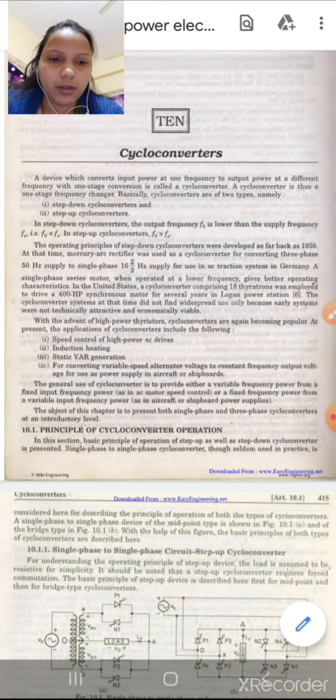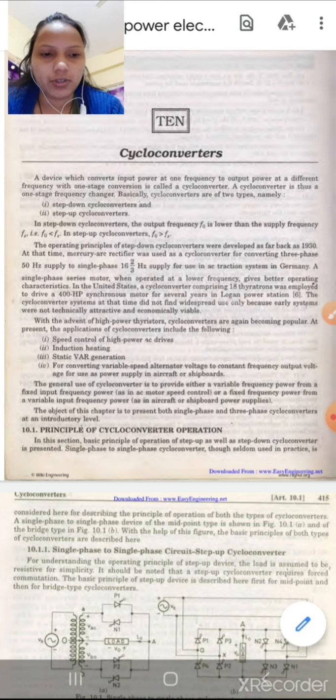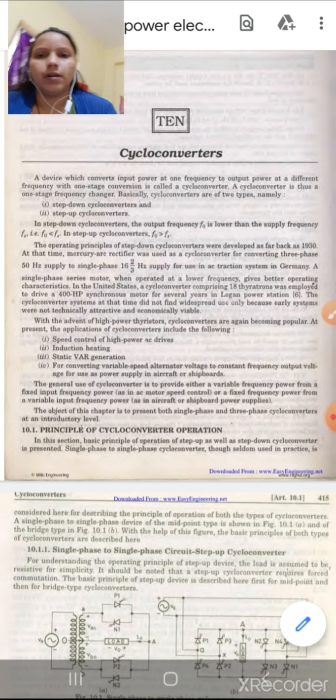So cycloconverter is a circuit which converts input power at one frequency to output power at a different frequency with one stage conversion. This is your cycloconverter.